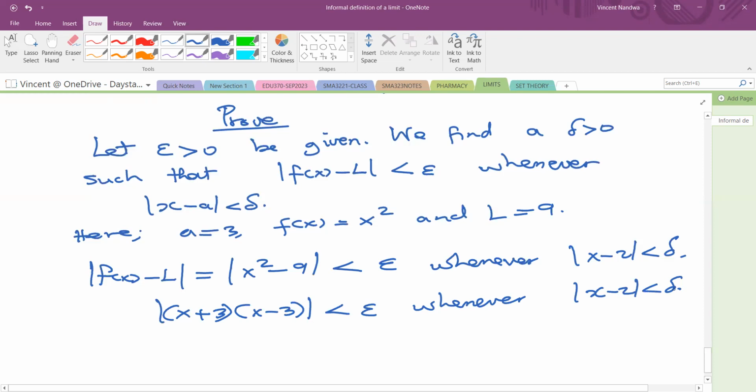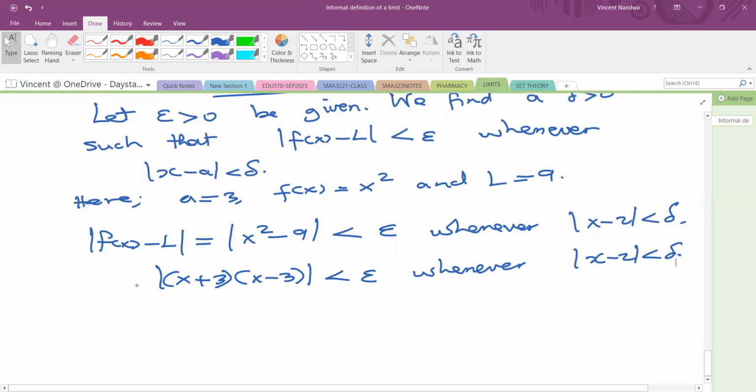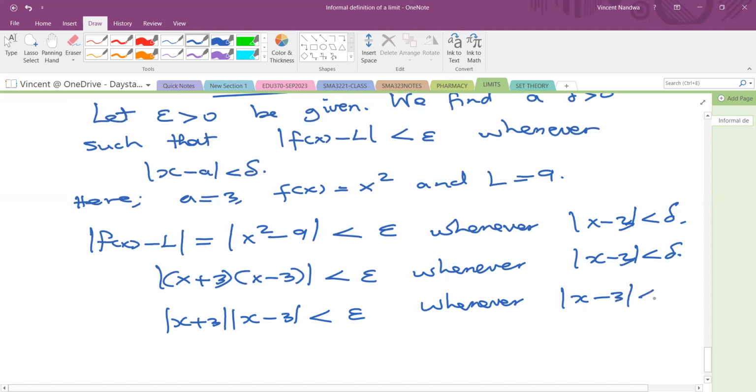That's by definition. And then this is the same as absolute of x plus 3 times absolute of x minus 3 is less than epsilon whenever absolute of x minus a, which is 3, is less than delta.